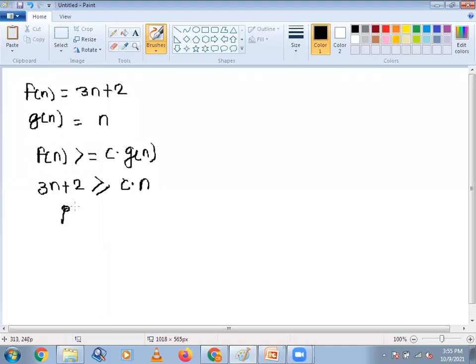Suppose c is equal to 2, n is equal to 3, then it will give 3 into 3 plus 2 is equal to 11, and 2 into 3 gives 6.